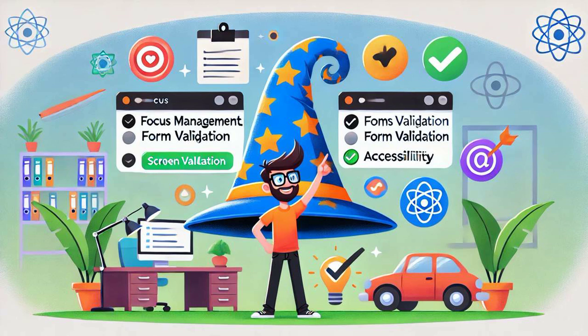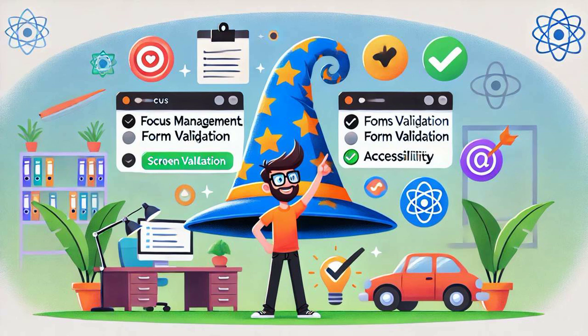Today we'll go even further. We'll cover focus management and validation logic. Plus, we'll polish everything with accessible styling and test it with a screen reader to ensure our app truly works for everyone. But before we dive into the code, let's discuss why focus management and validation are crucial for accessibility.